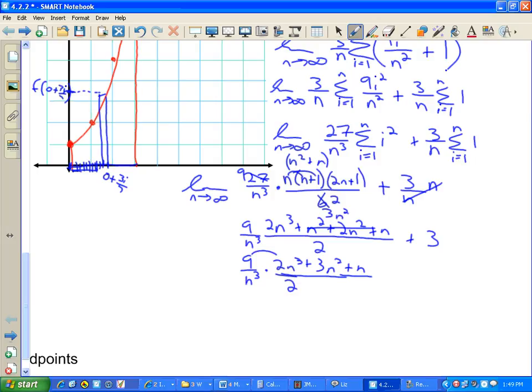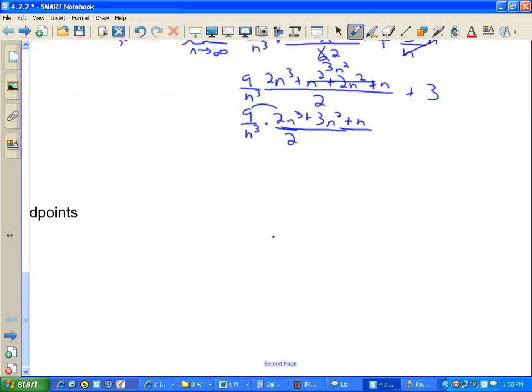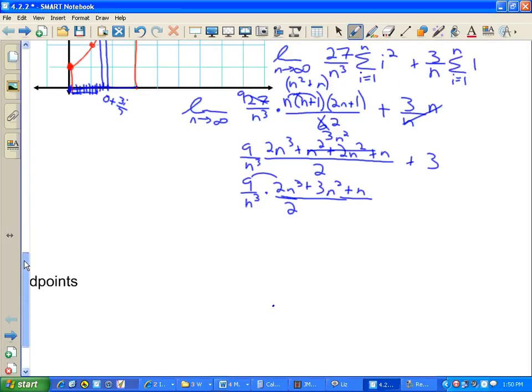So on the top, this 9 will distribute to all three terms. And on the bottom, the 2 and the n cubed will just kind of mash together. So I'm going to have 18n cubed plus 27n squared plus 9n. Don't forget my plus 3 that's over there. Now I'm going to give each one its own denominator. So I've got 2 and n cubed. That goes underneath each one.